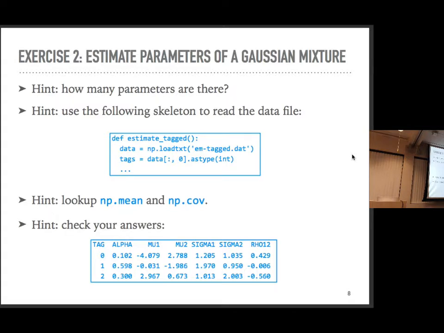Should I print the mean of rows? Yeah. 317? No, do it the other way. Axis equals 0. Three? Yep. So we can see mu1 and mu2 equals 1.9.